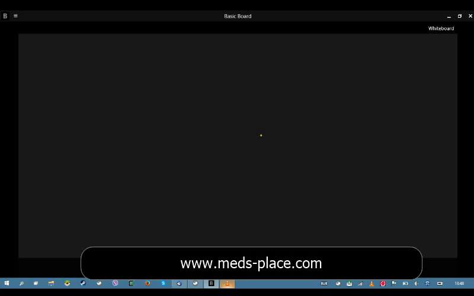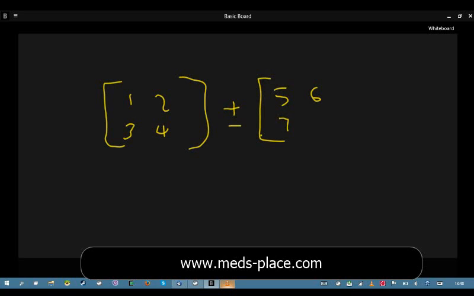So how do we perform operations on matrices? Well, if we want to add them, they have to be the same dimensions. So we have to have the same amount of rows and the same amount of columns. So if we have matrix A and matrix B, we want to add or subtract matrix B, we can, because they have 2 rows and 2 columns, and that's equal.